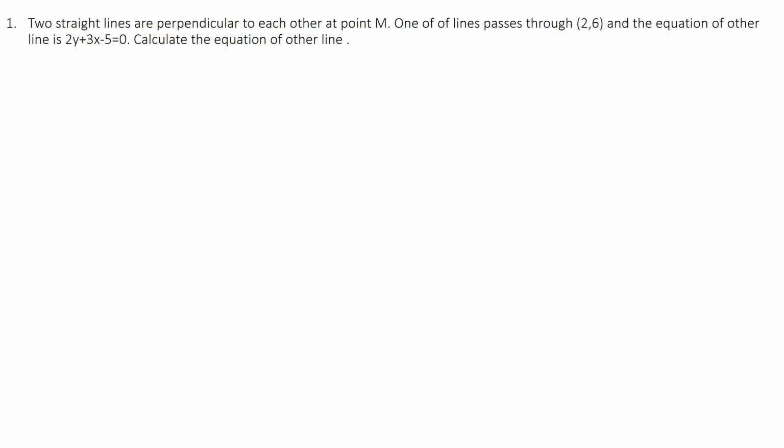The first thing, maybe I can sketch those points. Maybe it will be this point, and here I have point M, and here I have the other point, which is (2, 6).